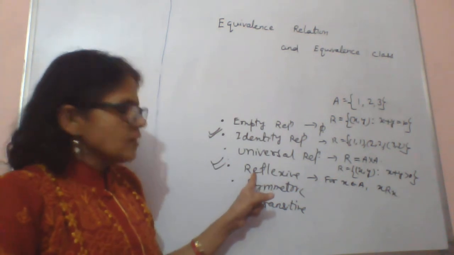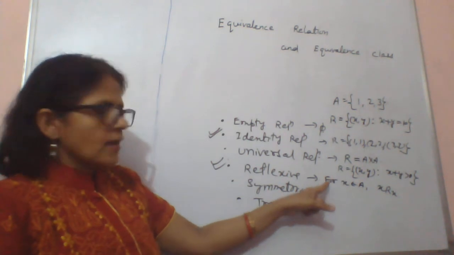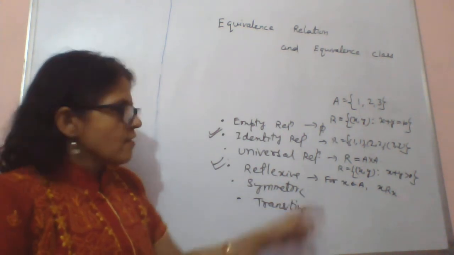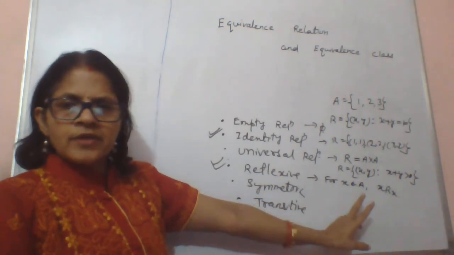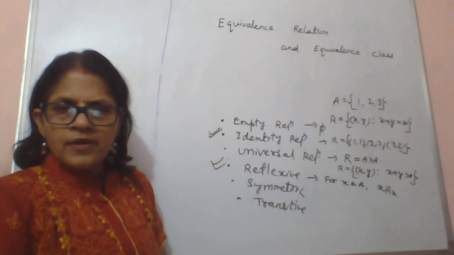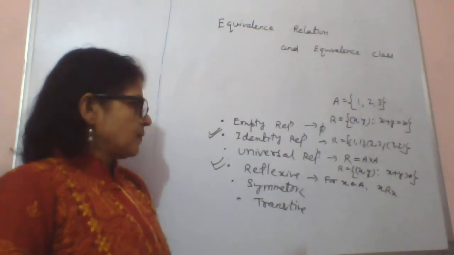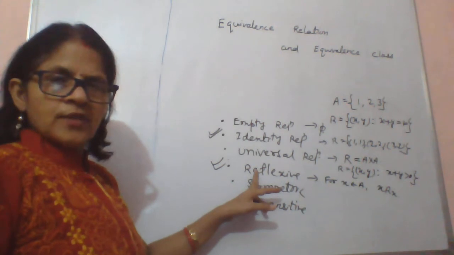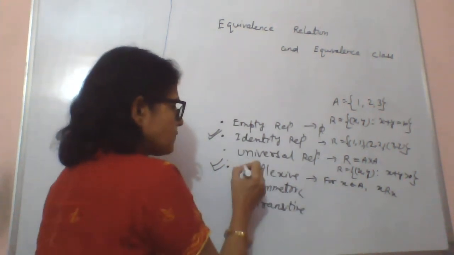In the case of reflexive, for all x belongs to A, x is related to itself, just like every number is equal to itself, every triangle is congruent to itself, every triangle is similar to itself. Such examples we take in reflexive relation, which we have already discussed. But what is the difference between these two?